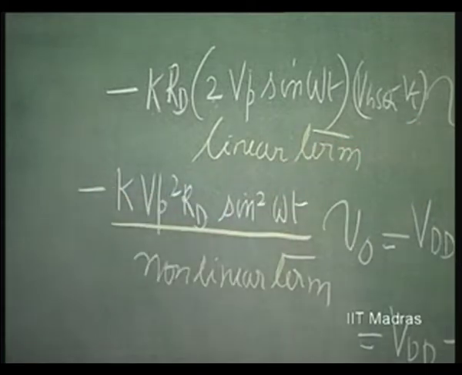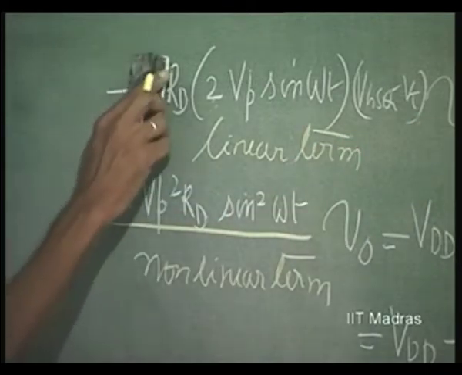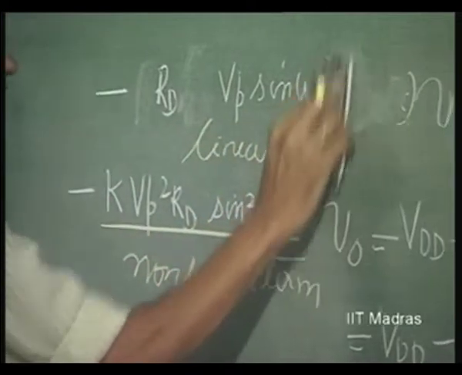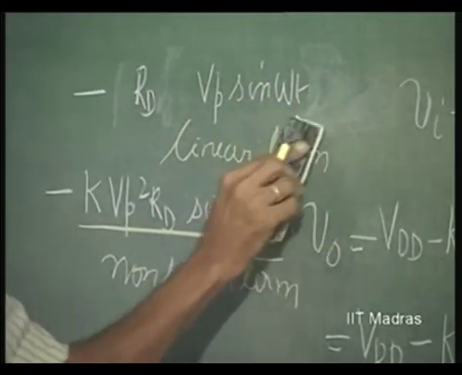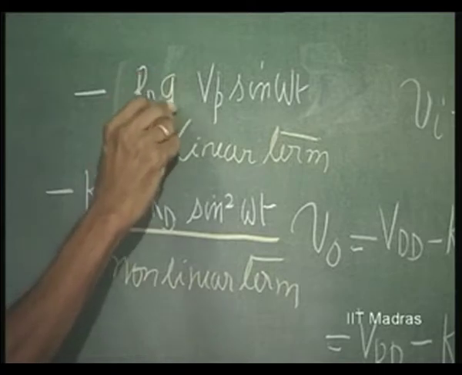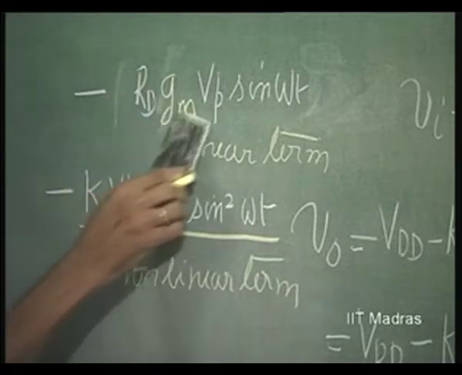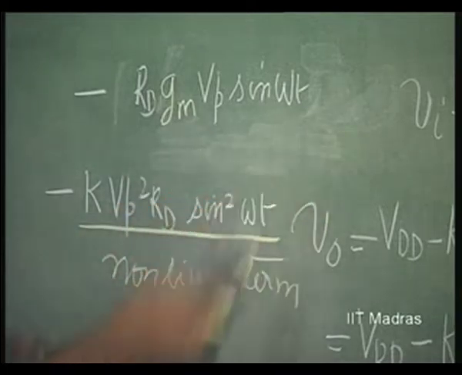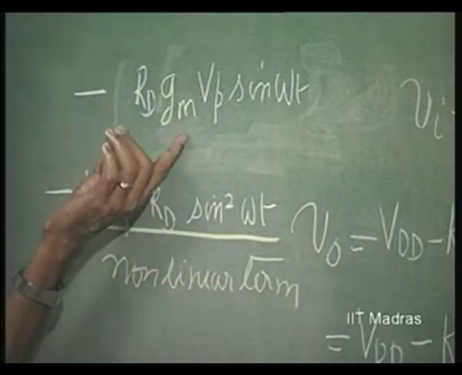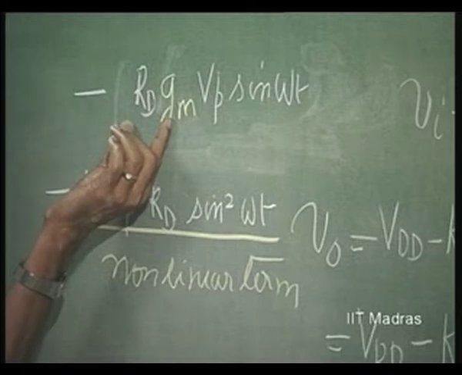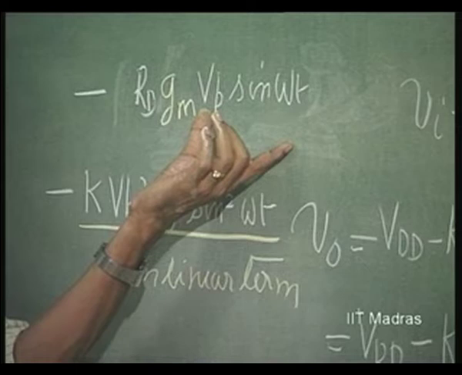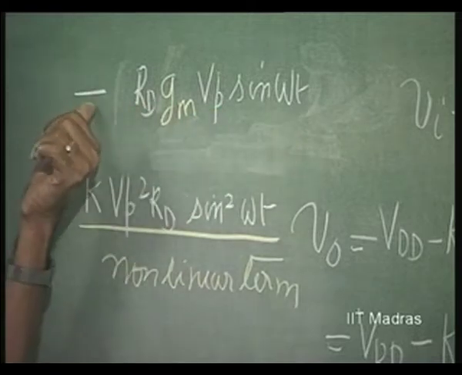So, we will replace this. So, we have already defined Gm into Rd as the gain, that into the original input signal which is Vp sin omega t, with a minus sign indicating there is an inversion, right.